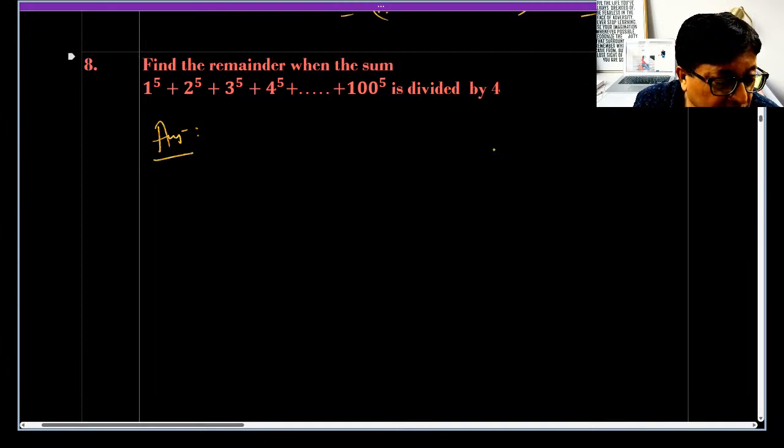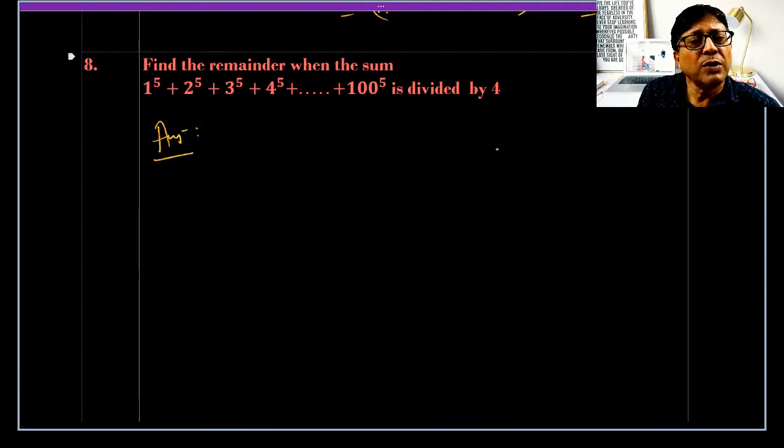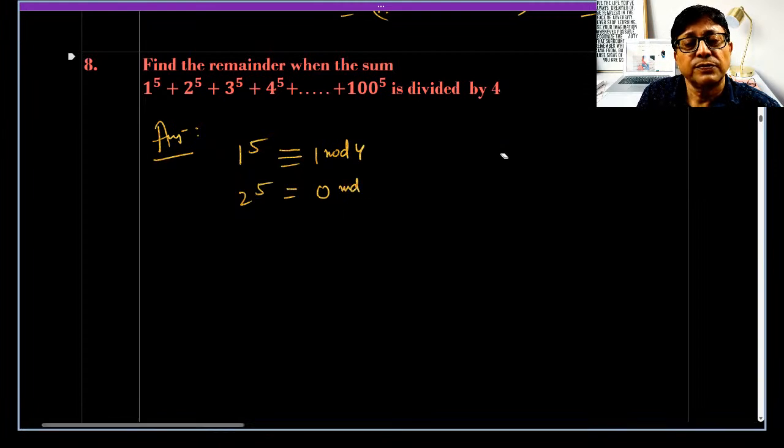You write just the result of 1 to the power 5. You write a few terms only. 1 to the power 5 is congruent with 1 mod 4. 2 to the power 5 is 32, 32 is completely divisible by 4, so 0 mod 4.